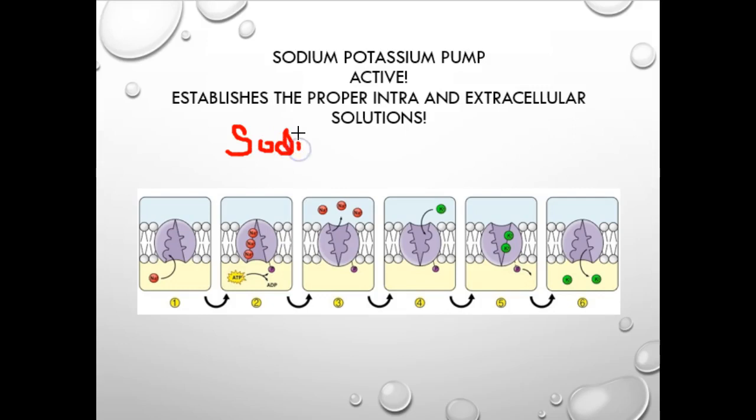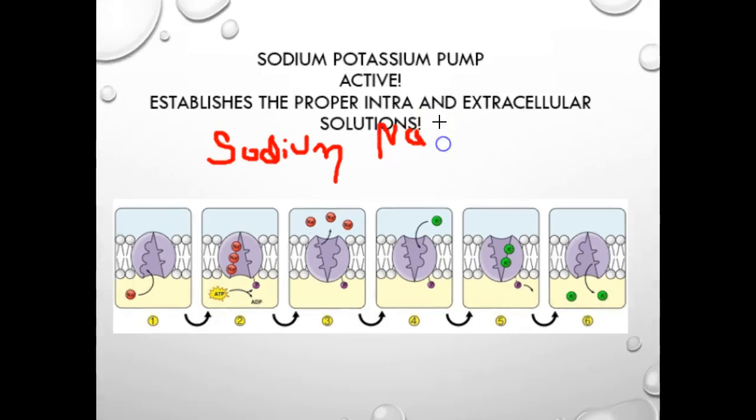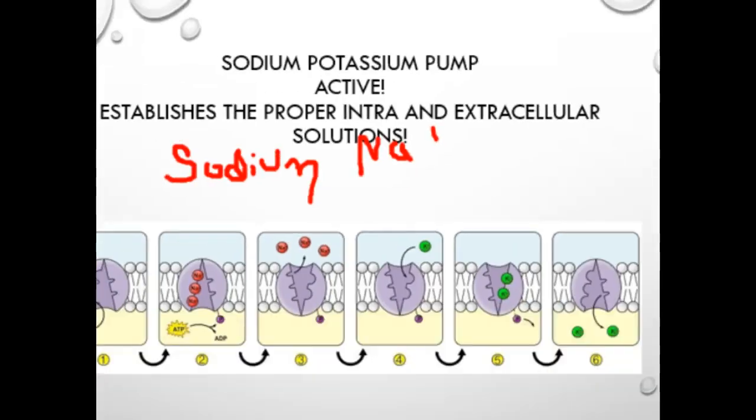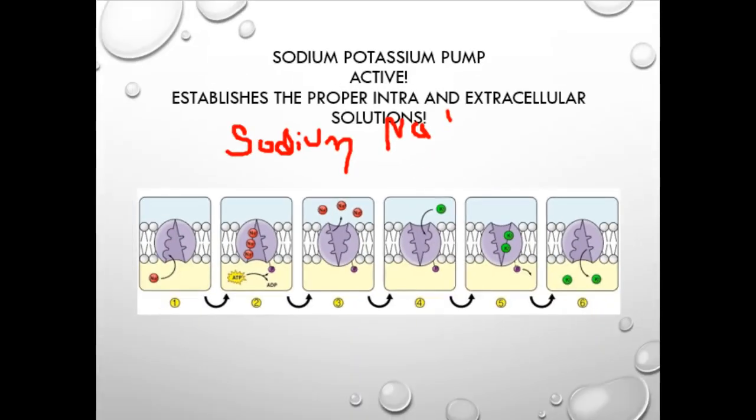This is a resting cell. Cell is just hanging out, okay? And sodium is represented here by Na+. Sorry, this is so sloppy. Okay, Na+, and you could see that there.